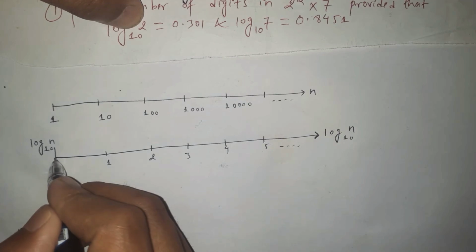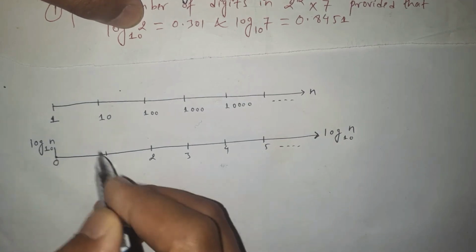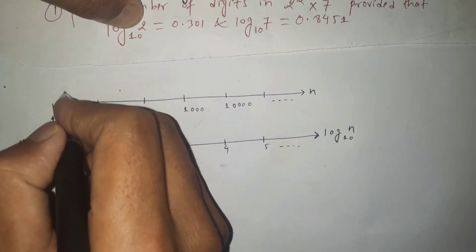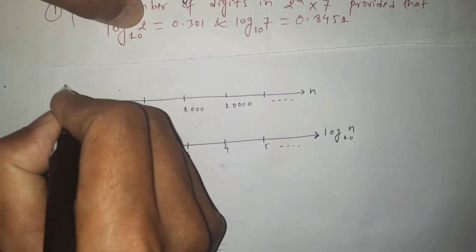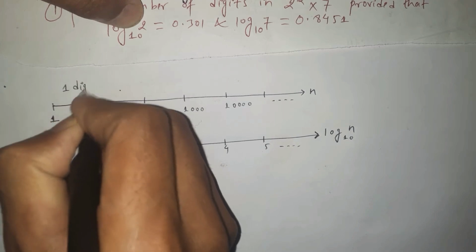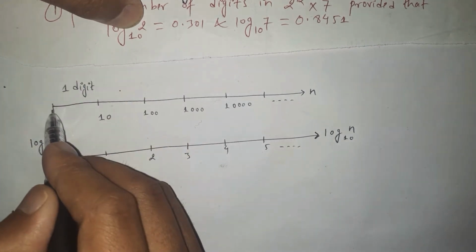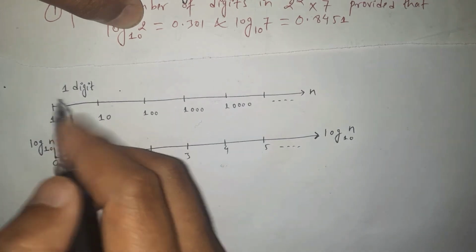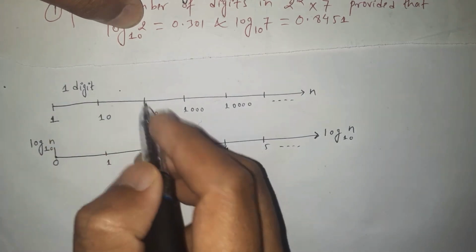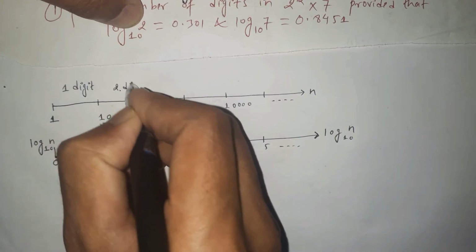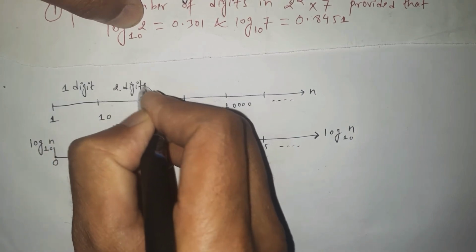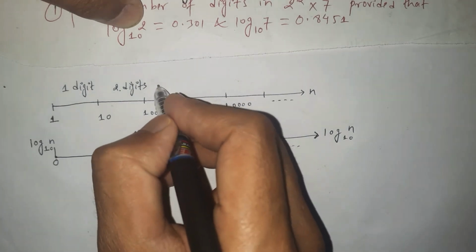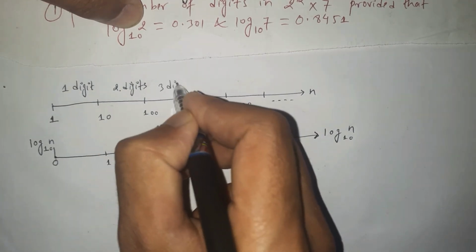And by observing this scale, we can observe that between 1 and 10, they are always single digit numbers. A number between 1 and 10 is a one digit number. Similarly, a number between 10 and 100 is a two digit number. Similarly, a number between 100 and 1000 is a three digit number.